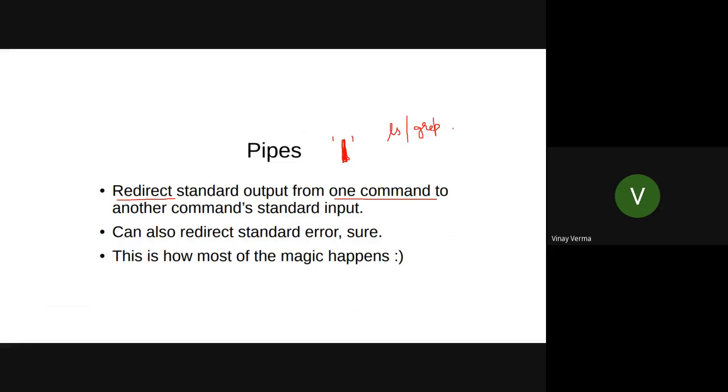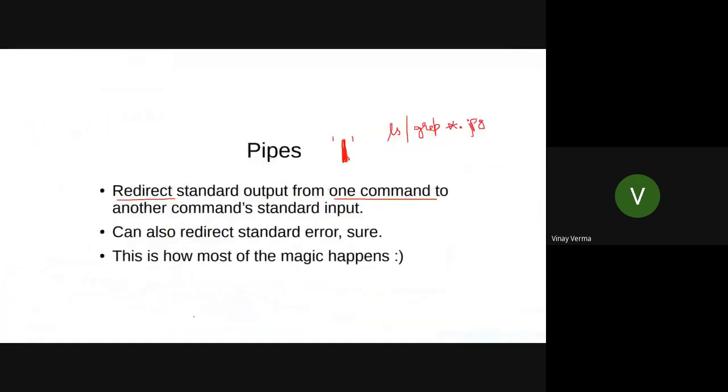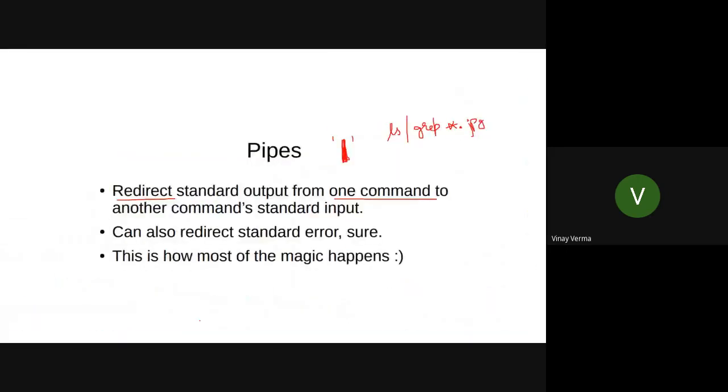and we write star dot jpg. Okay, so pipe is this.